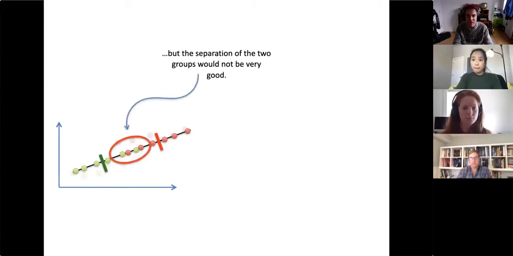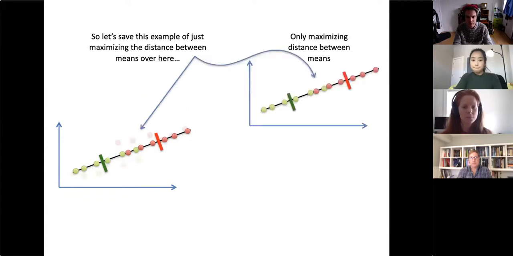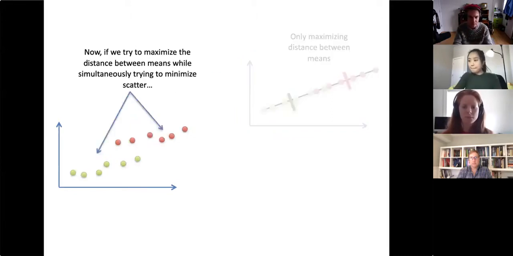But the separation of the two groups would not be very good. So let's save this example of just maximizing the distance between the means over here in the upper right-hand corner.